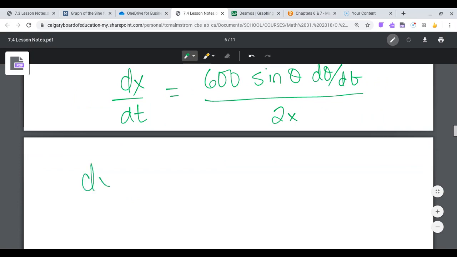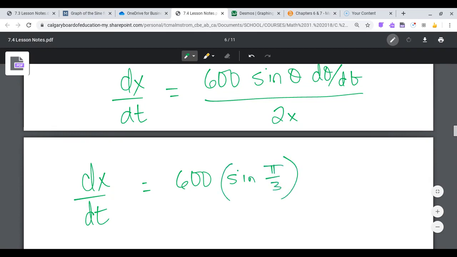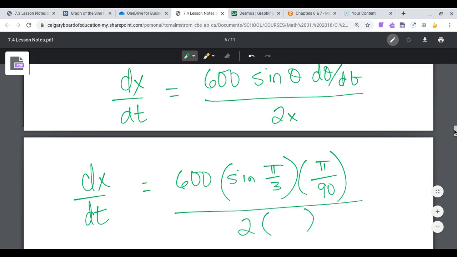So dx/dt is equal to 600 sine theta, and theta at the instant is pi on 3. So I'm putting in pi on 3. And we know d theta/dt is pi on 90, all divided by 2 times some x value.